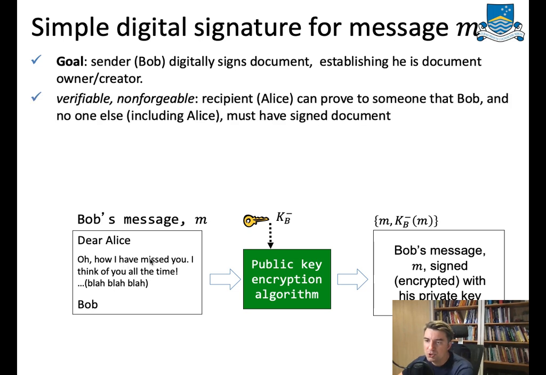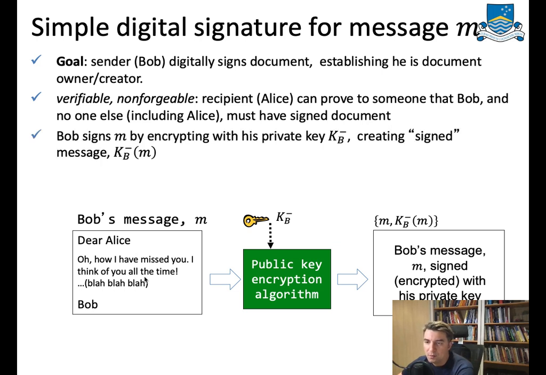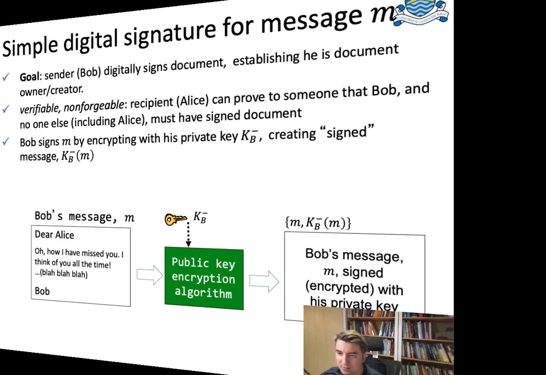Bob digitally signs a document establishing he is the document owner or creator. Then Alice can prove to someone else that Bob and no one else, including Alice, must have signed the document. For instance, this digital signature could be used to prove that Bob signed a document that legally transfers the ownership of a house from Bob to Alice.